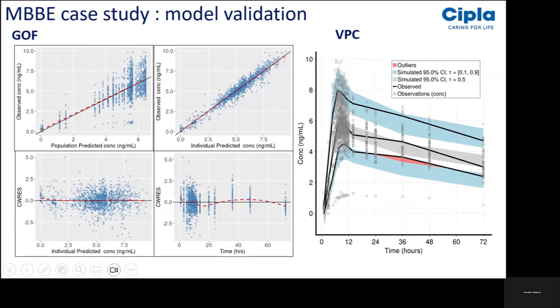We can see the model adequacy with the standard diagnostic tools, where no systemic bias was observed, and there is a good agreement between the observed and the predicted parameters through the VPC profiles, except for one particular time point of 36 hours where a slight bias was observed.